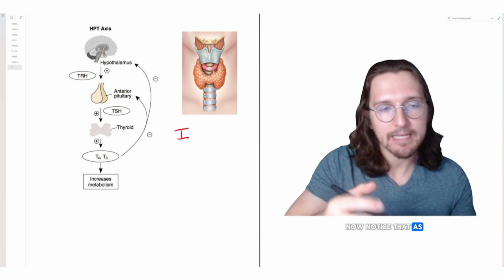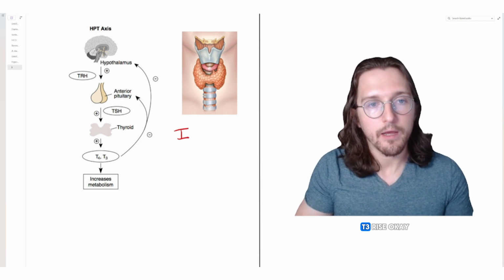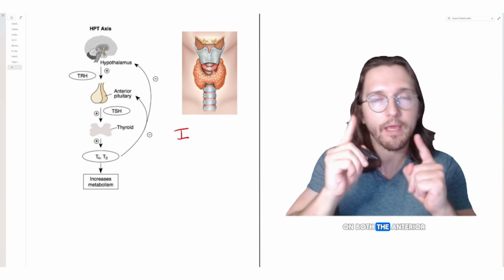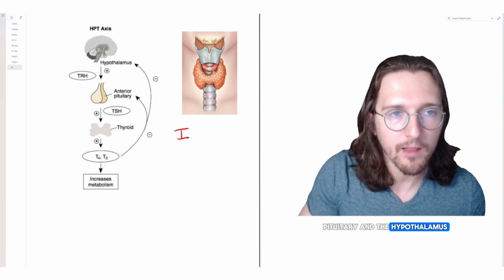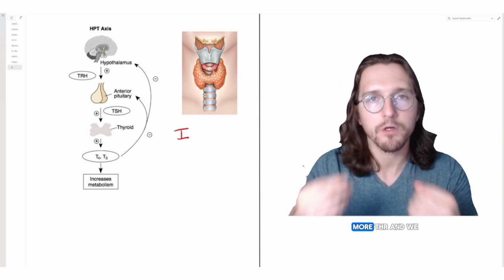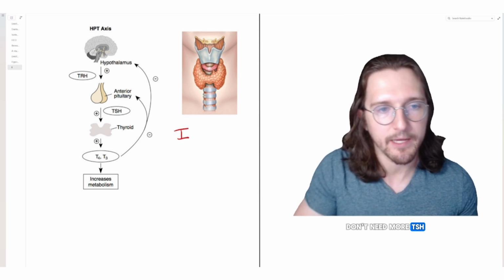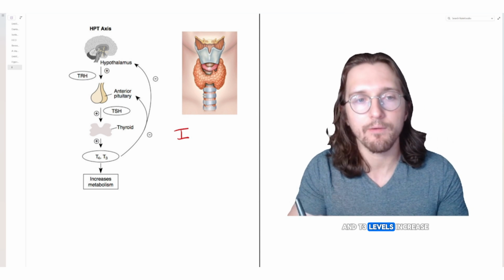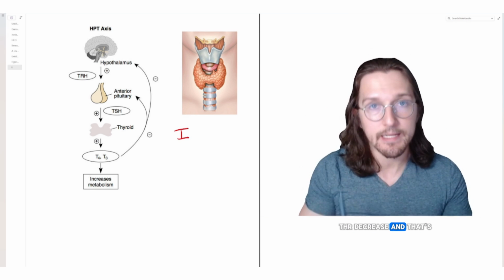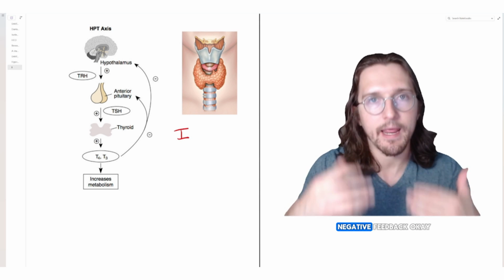Now notice that as levels of T4 and T3 rise, they exert negative feedback on both the anterior pituitary and the hypothalamus, telling them, hey, there's a lot of us now, so we don't need more TRH and we don't need more TSH. And so as T4 and T3 levels increase, levels of TSH and TRH decrease. And that's a very common MCAT question, negative feedback.